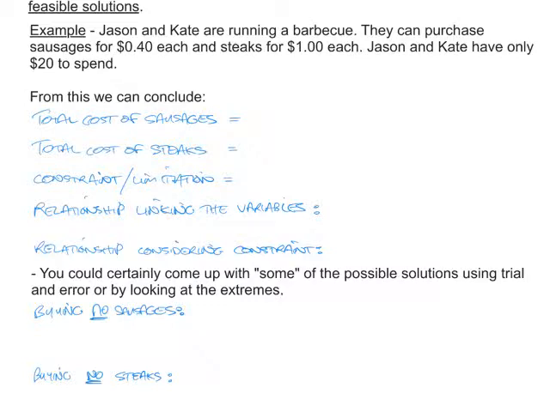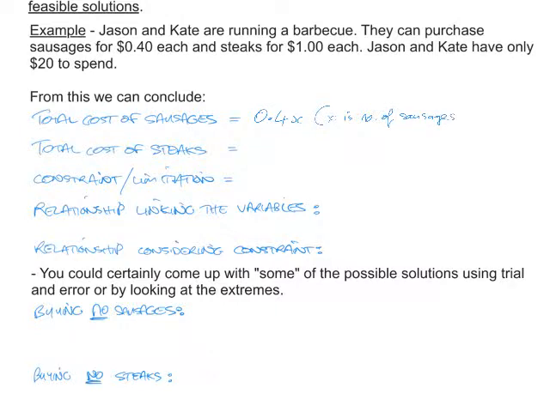From this question, we can conclude that the total cost of sausages, if the number of sausages was x, would be 0.4 times x, because it's 40 cents each, so $0.4 times however many sausages were being bought. So I'm going to just say here x is number of sausages.